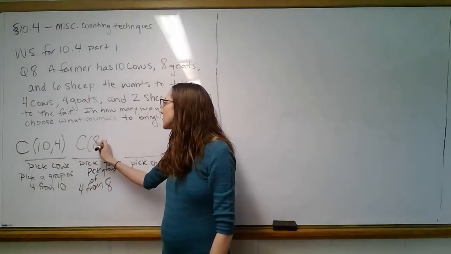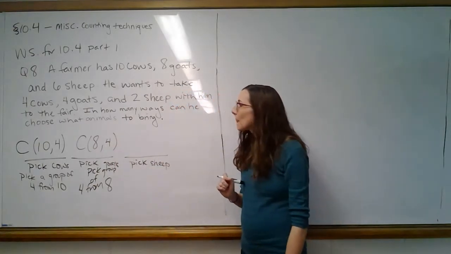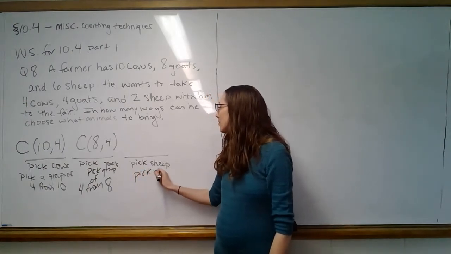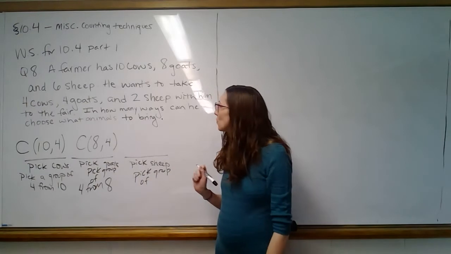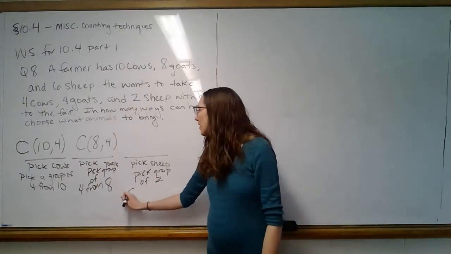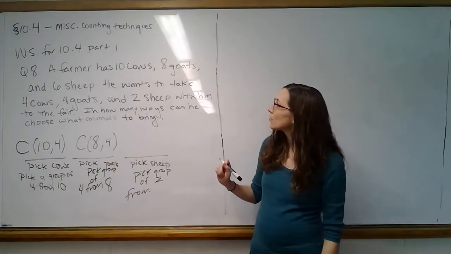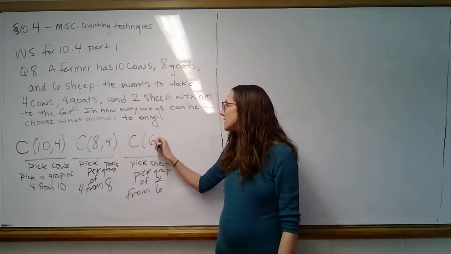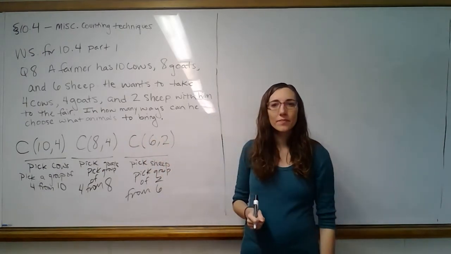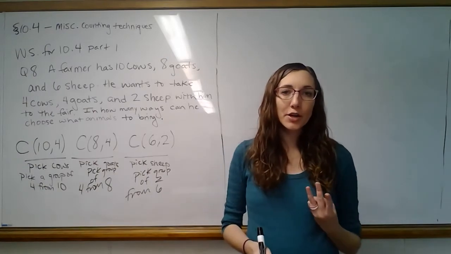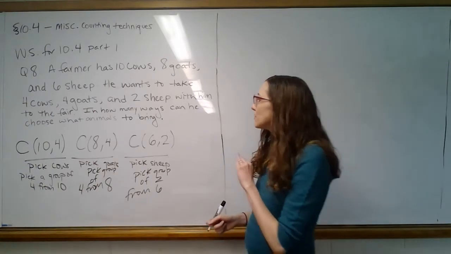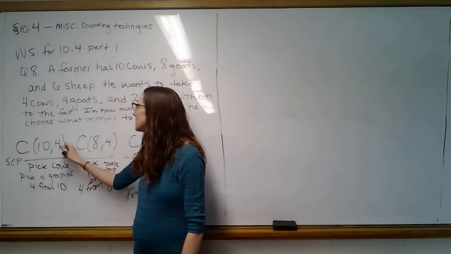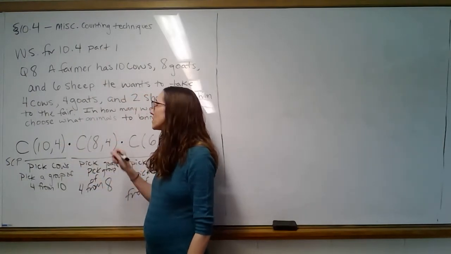And then for the sheep, he needs to pick a group of 2, and he can choose them from his total of 6 sheep. So it's a combination of from 6, pick 2 of them. So we have 3 different combinations that we're going to compute. And then what we're doing with them is the sequential counting principle, which says multiply those numbers together.